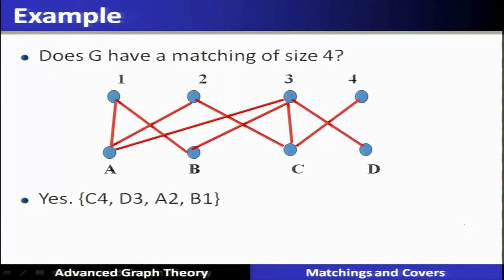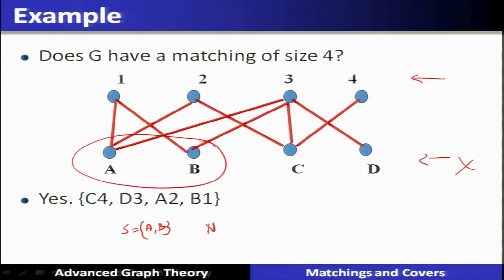In another example, we can see this particular graph, and we ask whether it has a matching of size 4. Both the sets are of size 4. So, here the conditions are satisfied, that means if you take any subset of X, let us say the neighborhood of S equal to AB.